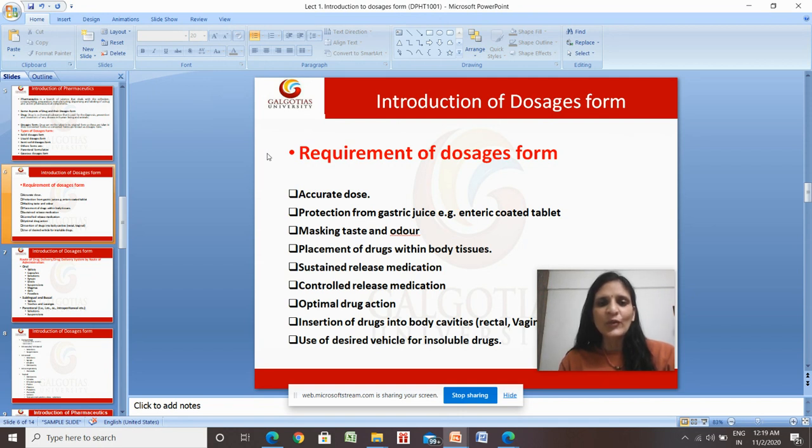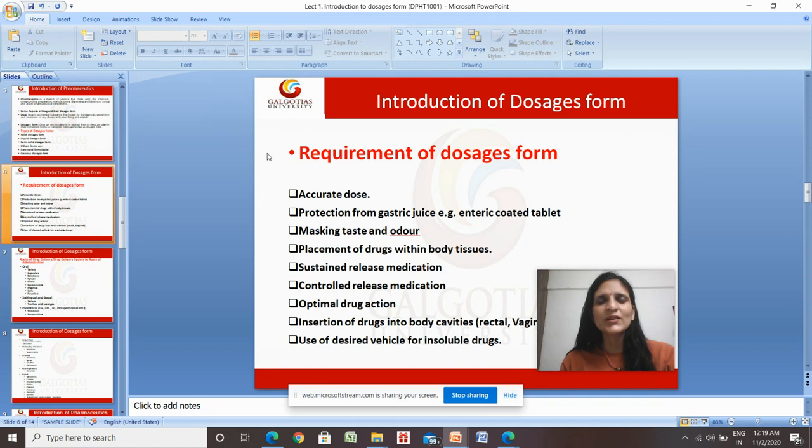Number five, for the sustained release action, that means a slow releasing action. Number six, controlled release medication, that means release of medication in a controlled and predetermined period of time. Next is optimal drug action, that means drug action as per our desired requirement. Next, insertion of drug in the body cavity.